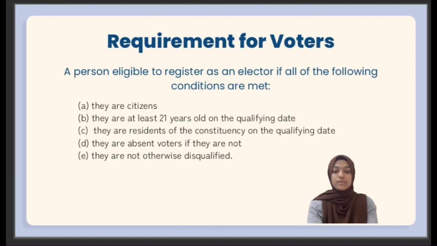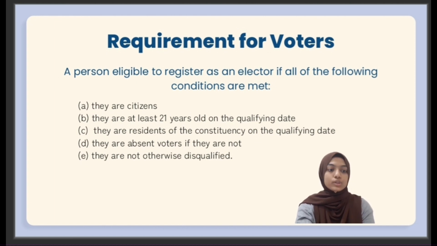According to Article 119, every citizen who has reached the age of 21 on the qualifying date, and who is a resident of a constituency on such qualifying date, or who is an absent voter if not so resident, is entitled to vote in that constituency in any election to the House of Representatives or the Legislative Assembly, unless he is disqualified under Clause 3 or under any law relating to offences committed in connection with elections.